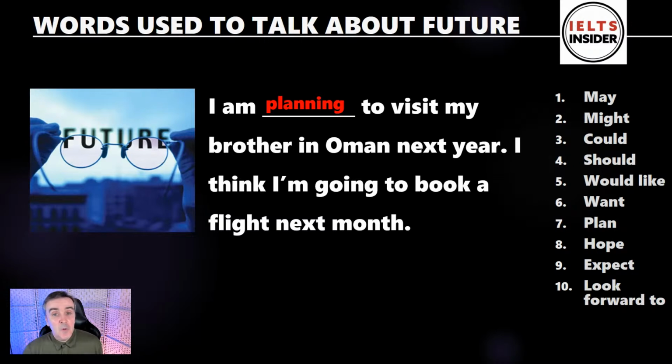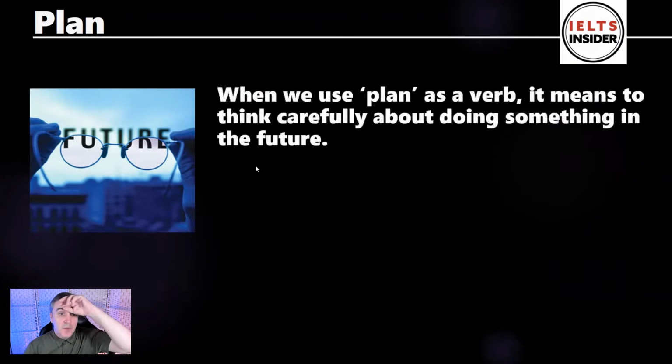I think I'm going to book a ticket next month. So I'm thinking about it now. I am making a plan now. And that is when we use the word plan to talk about the future. When we use plan as a verb, it means to think carefully about doing something in the future.